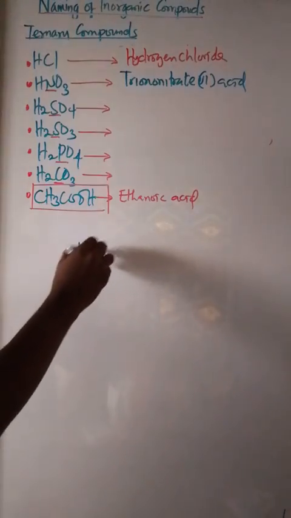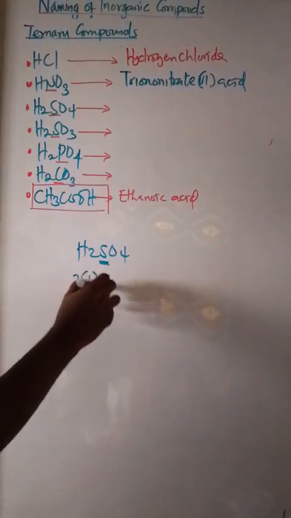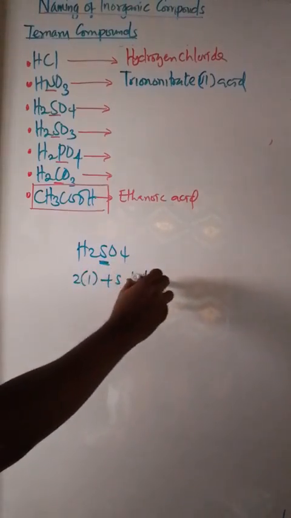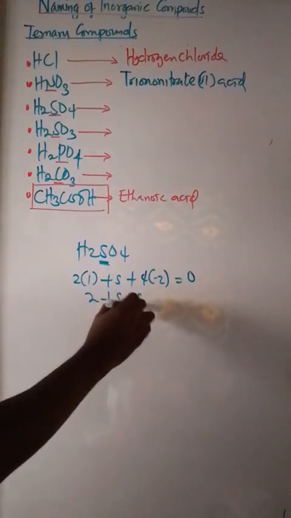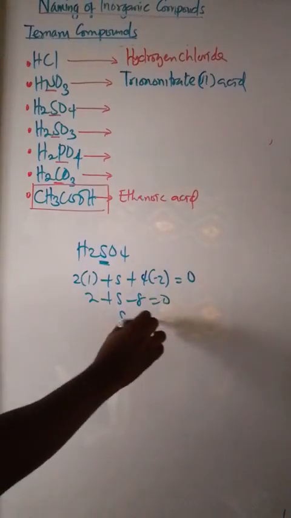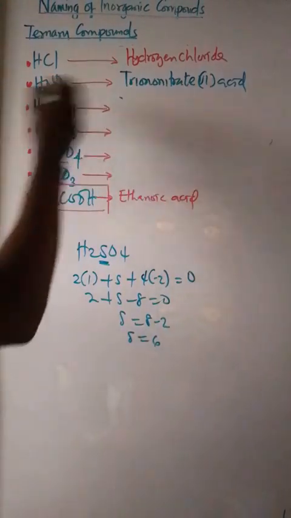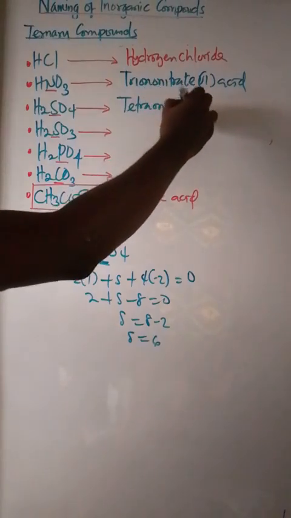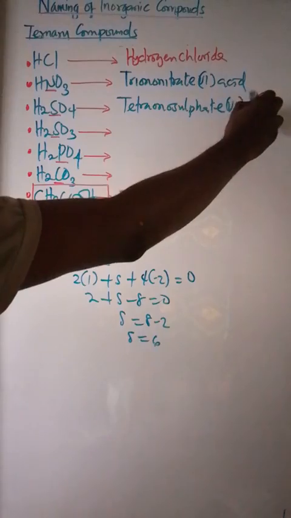We have H2SO4. Let's solve for sulfur. We have 2 hydrogen, and hydrogen is 1. We have 4 oxygen, oxygen -2. No charge, 0. 2 plus S minus 8 is 0. S is 8 minus 2. S is 6. So what's the answer here? We neglect the hydrogen, then just write tetraoxosulfate 6 acid.